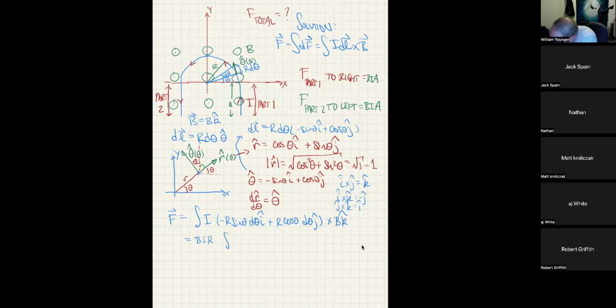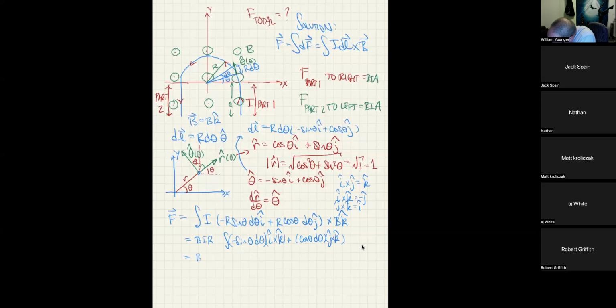And I'm going to get the integral of, now I have to do my cross product, which is going to be sine theta d theta, and then that's i hat cross k hat and times a negative, plus I'm going to have a cosine theta d theta, and that's going to be a j hat cross k hat.